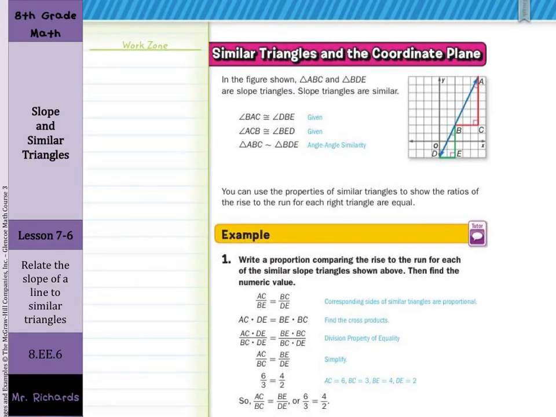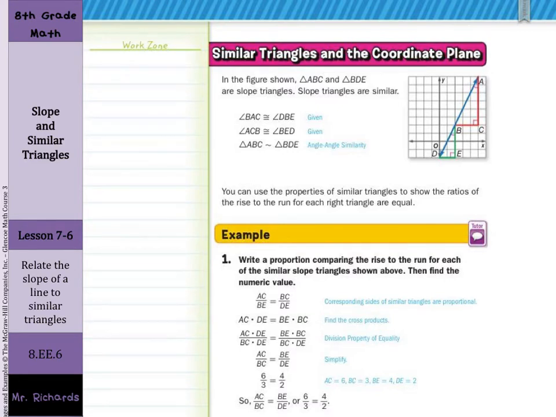When we cross multiply AC times DE and BE times BC, we'll then divide out DE and BC from both sides, so that AC over BC equals BE over DE.